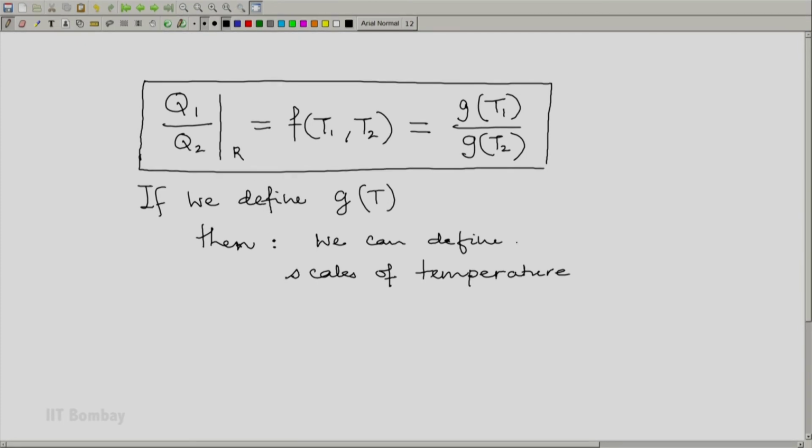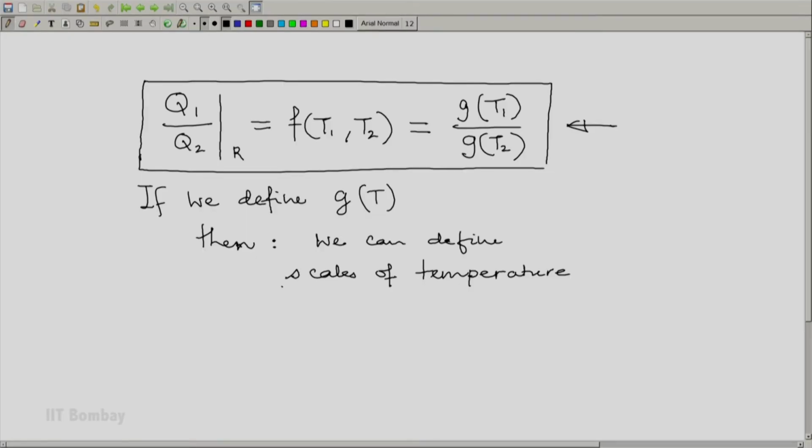Then we can define scales of temperature which depend only on this relation, and that means which depend only on the corollary of Carnot theorem, and that means they will not depend on the material properties of any material that is used to develop and set up a reversible engine.